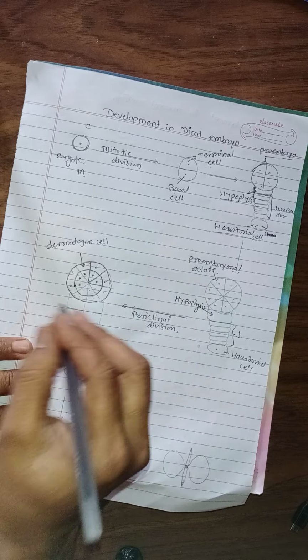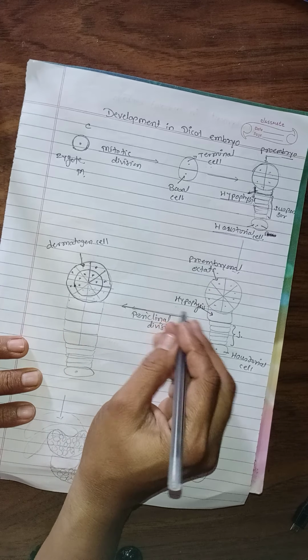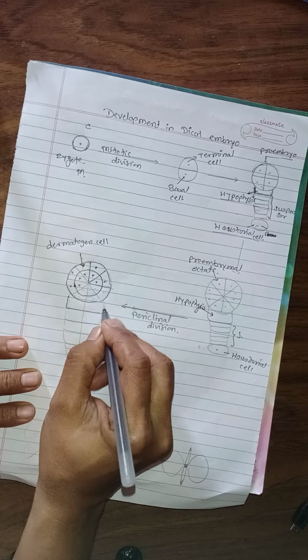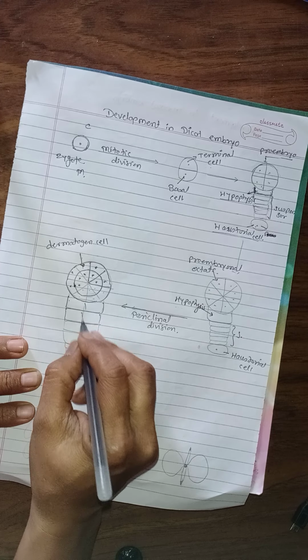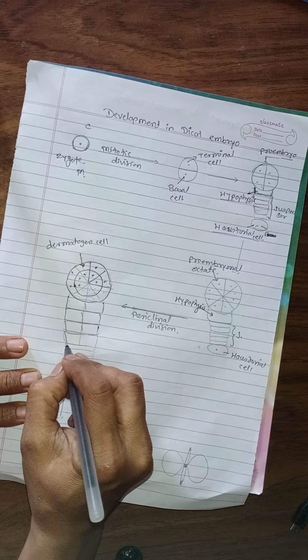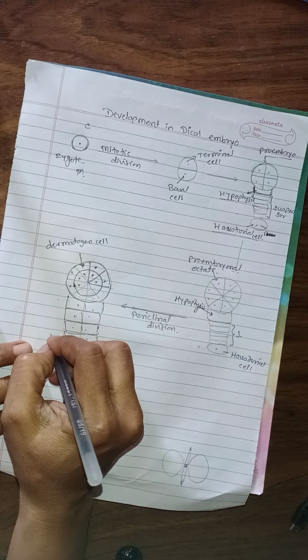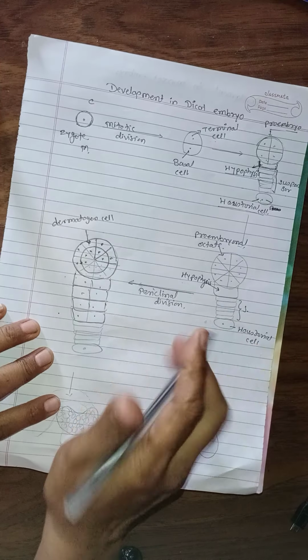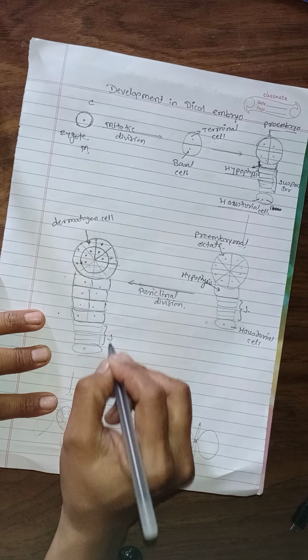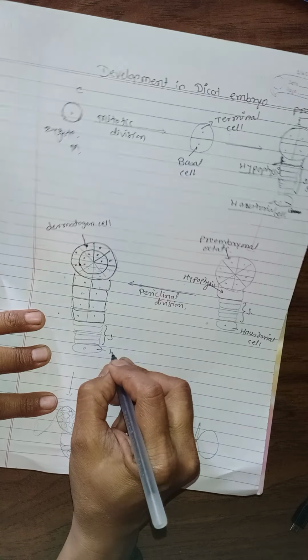Okay, dermatogen cells. Then this hypophysis also gets divided into 8 cells. These are 8 cells. This is hypophysis. Then this is suspensor and this is haustorial.